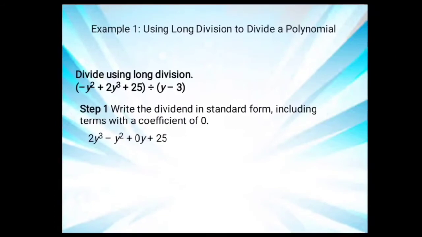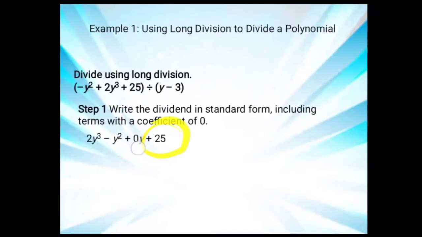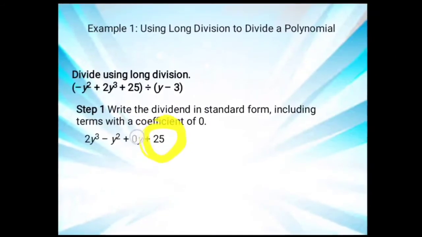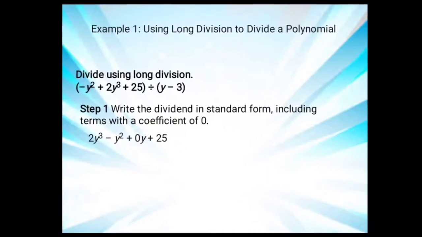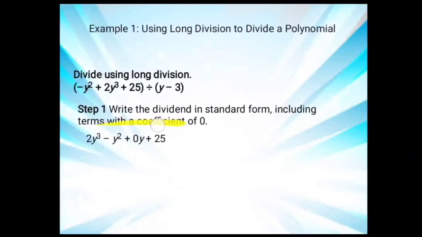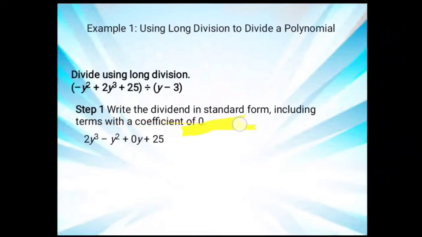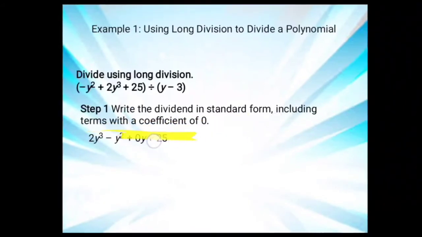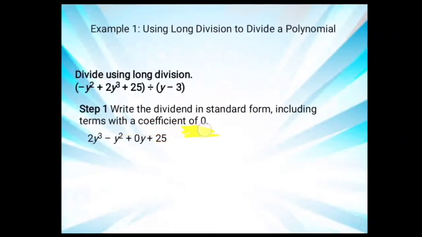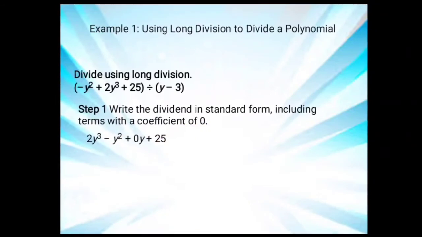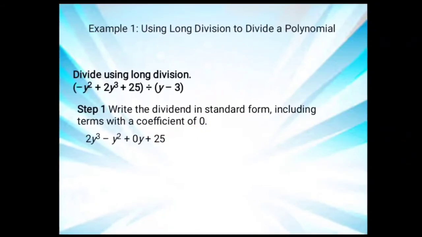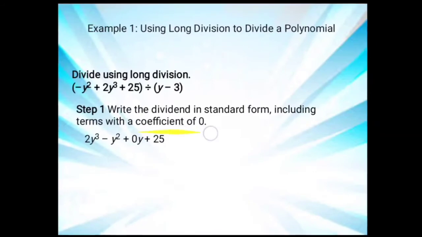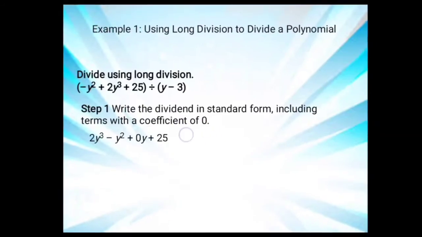Therefore, the last term should be the constant. Okay? There is no exponent. That is how you write the dividend in standard form, including terms with coefficient of 0. Okay? You have to add the missing term wherein its coefficient is 0, if any.